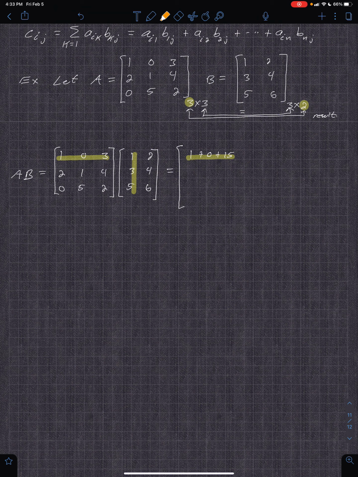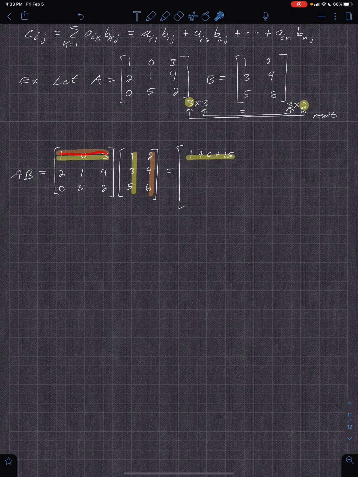Then you go across and down here. So you stay on the first row, and then down. Let's try it again. You go here and here, it's your first entry. Your second, you're going across to here, is your second entry.